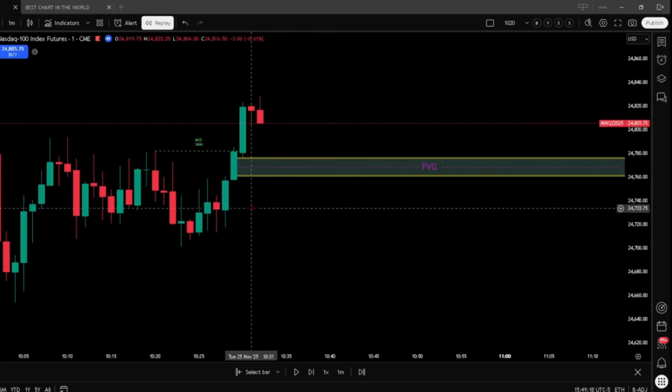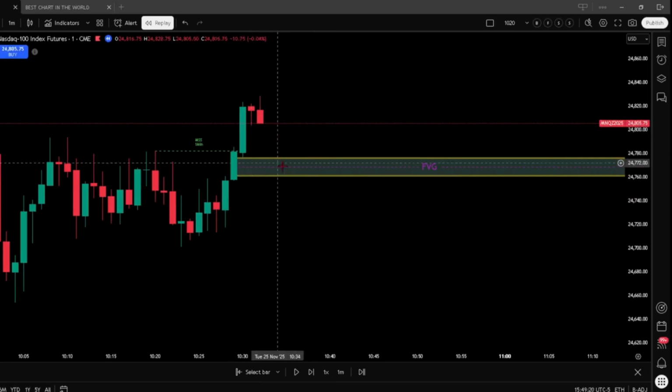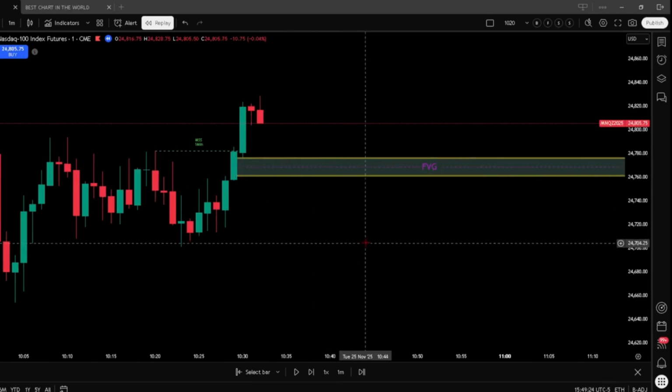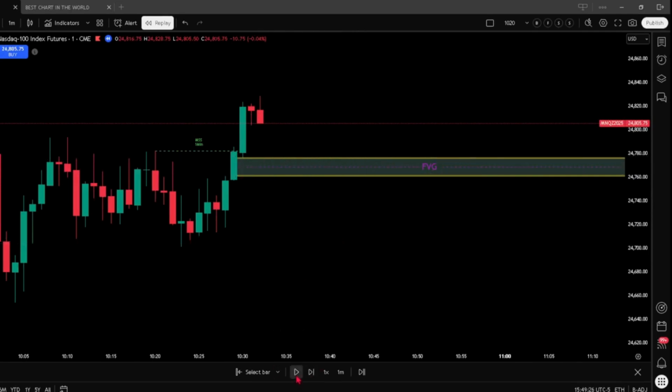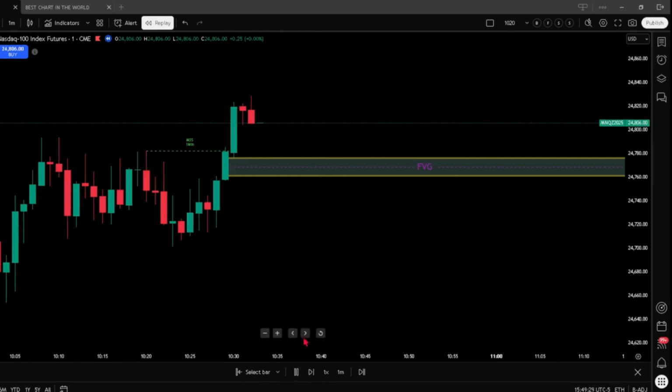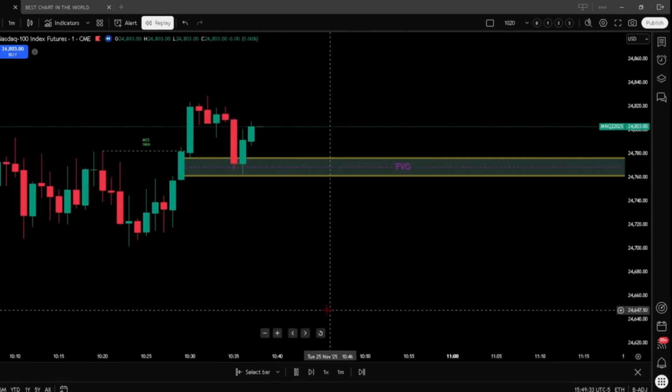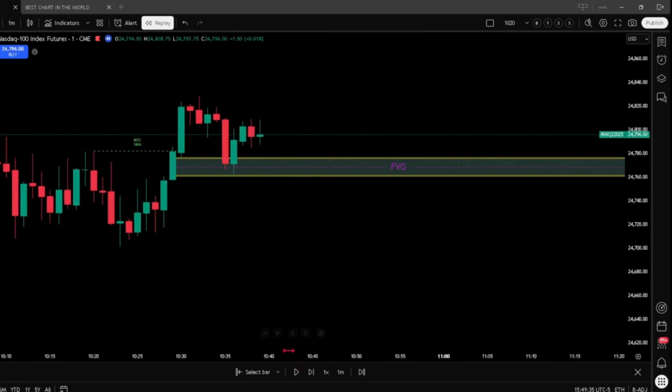Now, for us to take a trade again, the price has to pull back, then close above. There's our pullback and our close above.